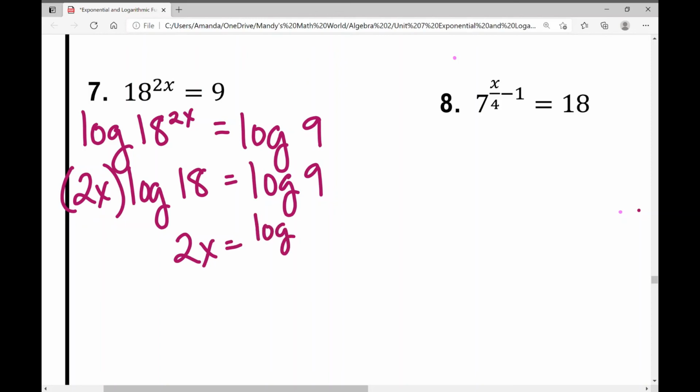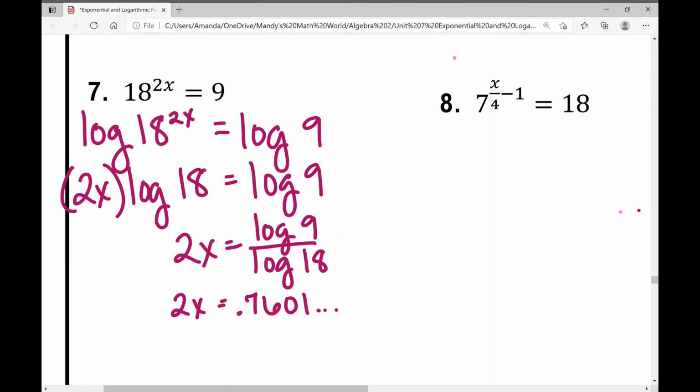So I get the log of 9 divided by log of 18, and you're just going to plug that into your calculator. And remember, we're not approximating yet. We are going to round when we write it down on our paper or this PDF, but we're not going to round till the very, very, very end. So log of 9 divided by log of 18 is 0.7601... and then divide by 2, right?